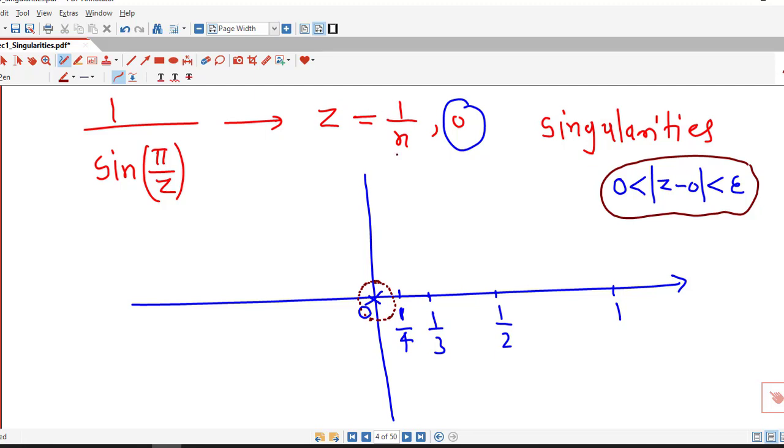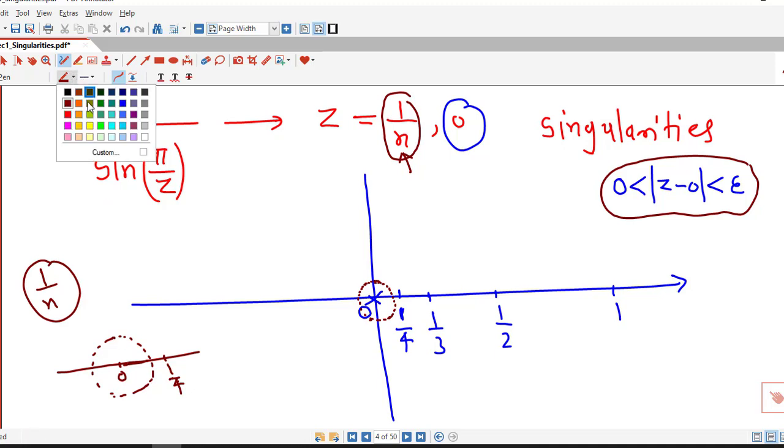Now these z equal to 1 by n are the points at which the function is not analytic. So you can visualize this neighborhood here. Here we have z equal to 0. Now if we consider this part of the neighborhood, then this part will always contain at least one point of the form 1 by n.